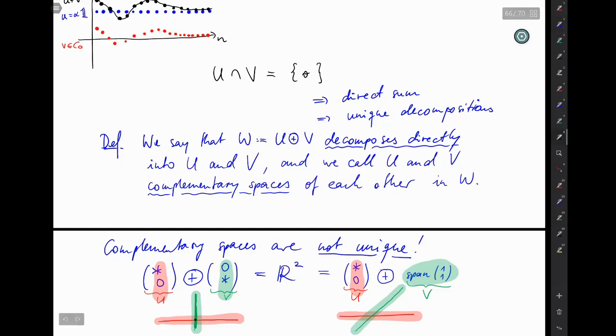And note that in both cases red and green only intersect at 0, so both are direct sums. Okay, so same red, different greens, so you have different complementary spaces for the same red set here.